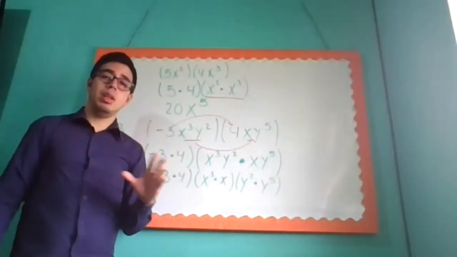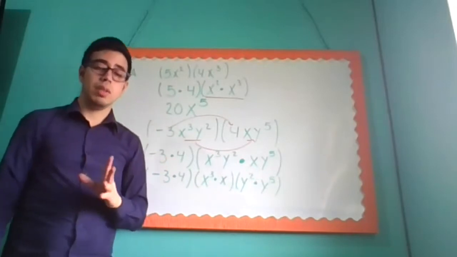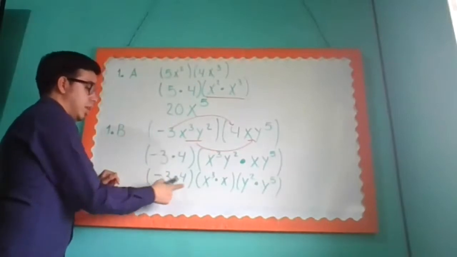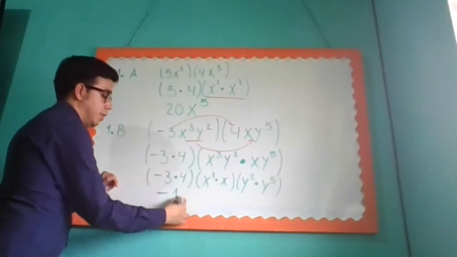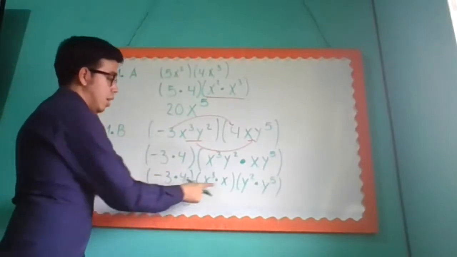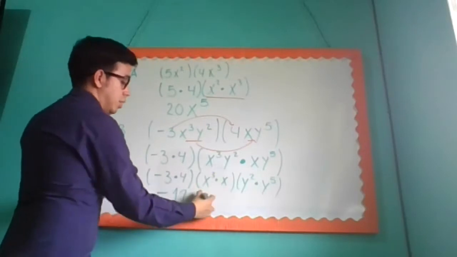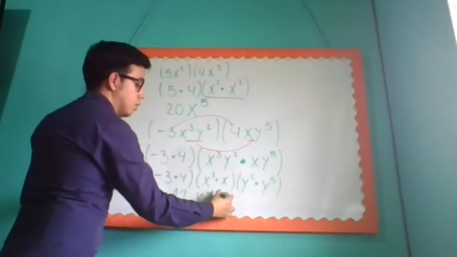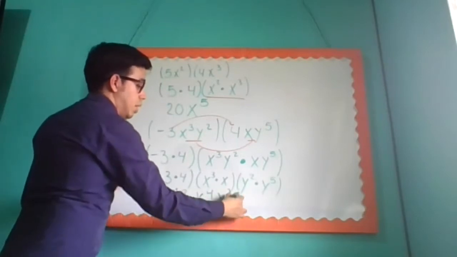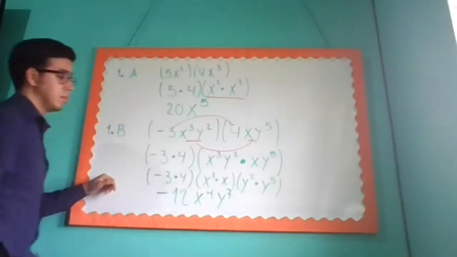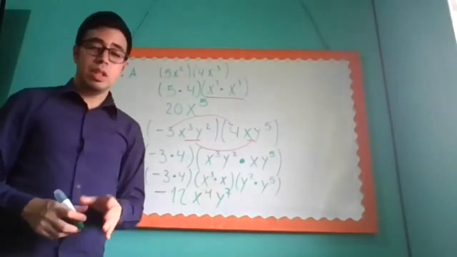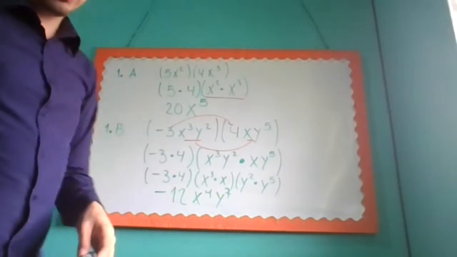But if you already know how to do it and you are not going to get confused, you can do it from the first moment. So 3 times 4 is negative 12 because this is negative. 3 plus 1, x to the power of 4, and 2 plus 5, y to the power of 7. So this is the result that we have for the multiplication of these two monomials.